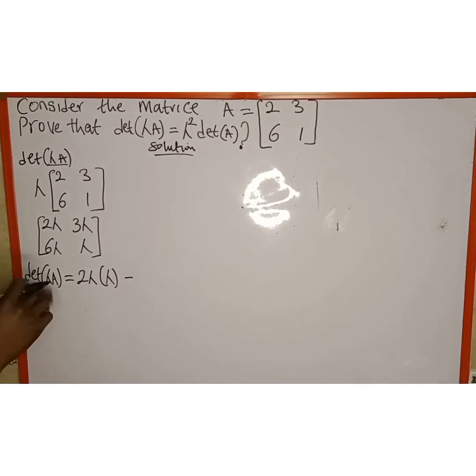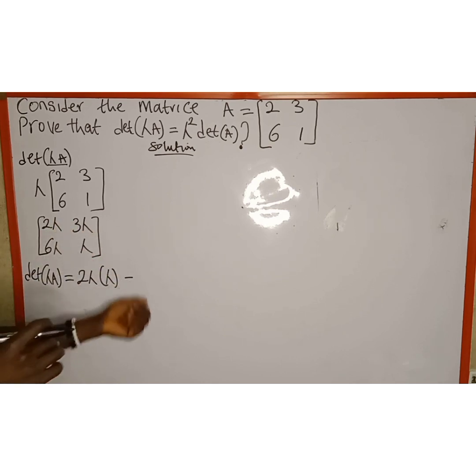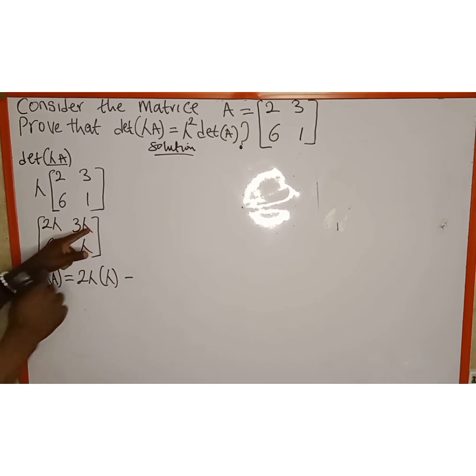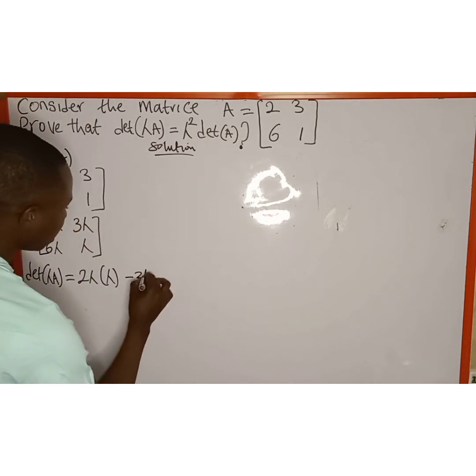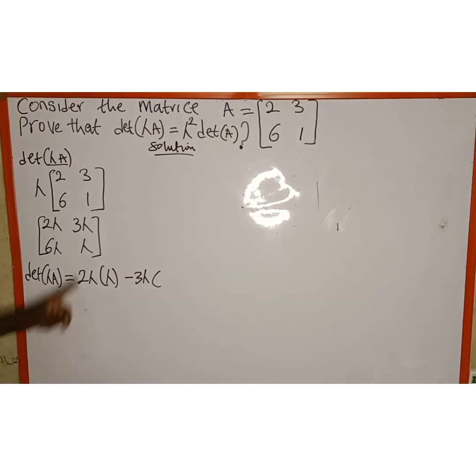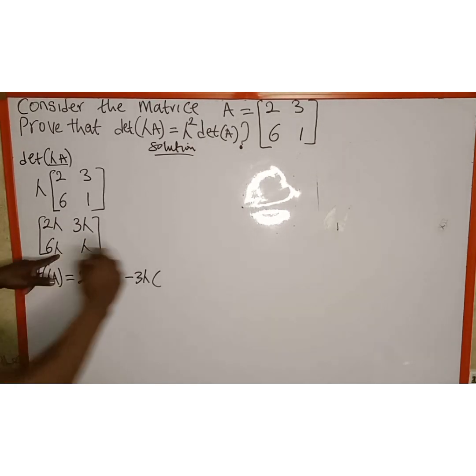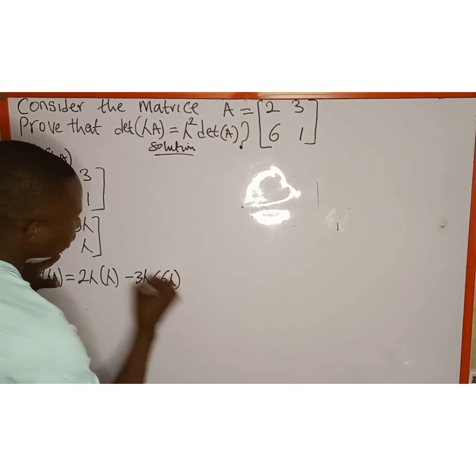Remember, in our previous class, we discussed about determinants. We already discussed how this 3 lambda is going to turn negative. So we have negative 3 lambda, then we open another bracket, cover the row of 3 lambda and the column of 3 lambda. So we are left with 6 lambda. So we have 6 lambda here.